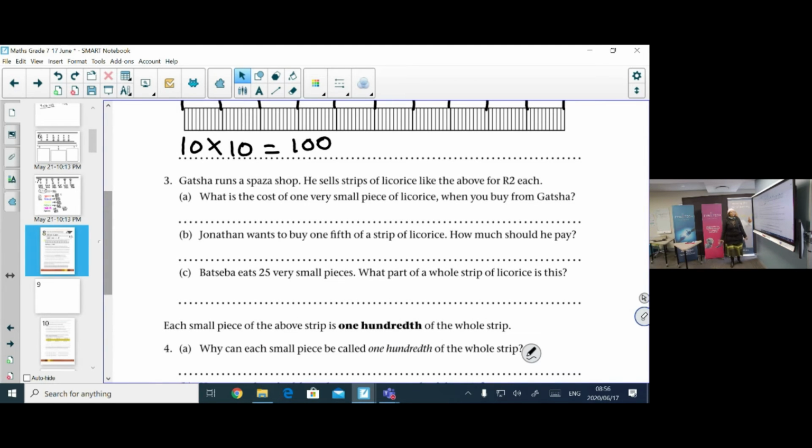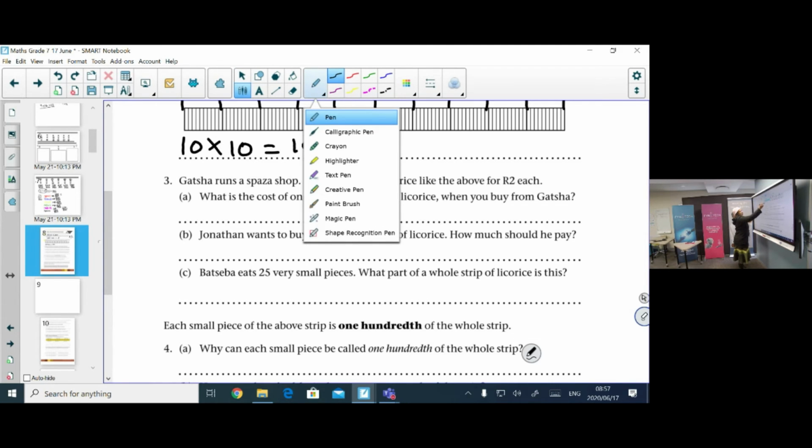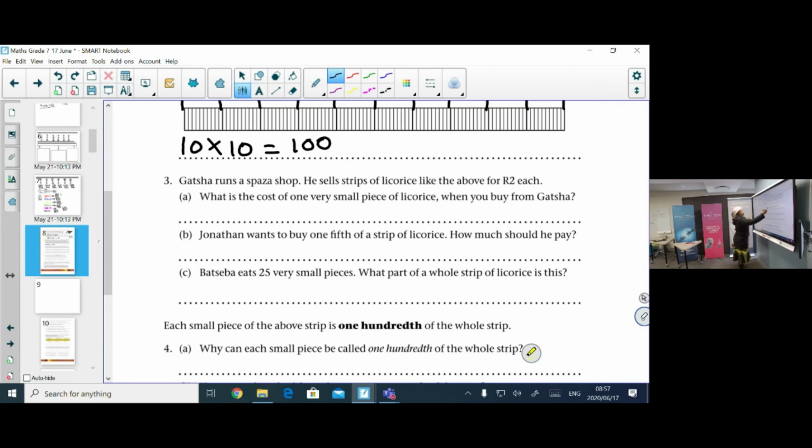Gaja runs a spaza shop, and then he sells this licorice. Let's get a pen there. Okay, highlighter. So here, like the above, for 2 rand each, what is the cost of the very small piece? This one, very small one over there. How are you going to do it?